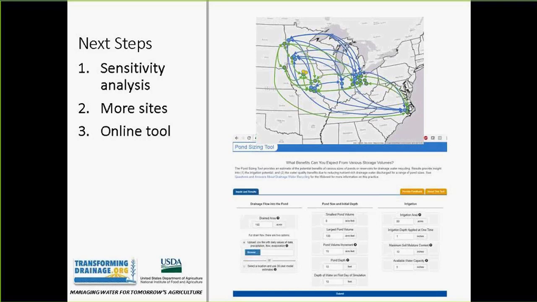And we have the blessing of being part of the Transforming Drainage Project, being able to work with a wide group of people, a large number of sites, a lot of data, so we can certainly look to scale this across some additional sites. And then we will have this, as the name suggests, as a tool, and so we are working to make this available online here in the coming months.